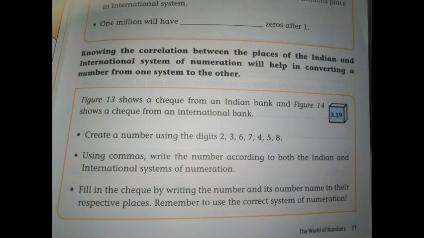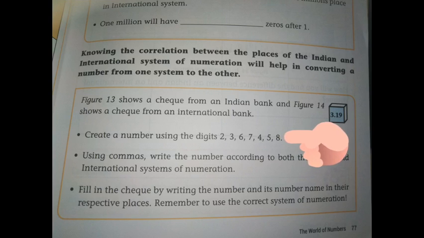Next, knowing the correlation between the places of the Indian and international systems of numeration will help in converting a number from one system to the other. Figure 13 shows a check from an Indian bank and figure 14 shows a check from an international bank. First, create a number using the digits 2, 3, 6, 7, 4, 5, 8.